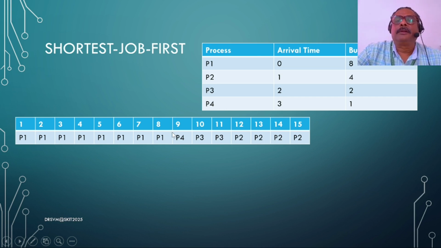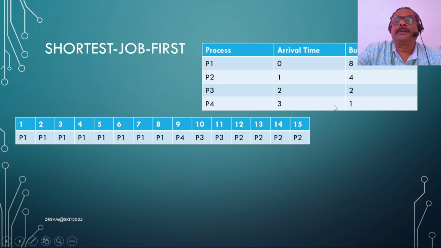By the time P1 completes, we have spent 8 units of time, and in this time P2, P3 and P4 have all arrived, since P2 came at 1, P3 came at 2, and P4 came at 3. Therefore at 8 all three, P2, P3, P4, are available.